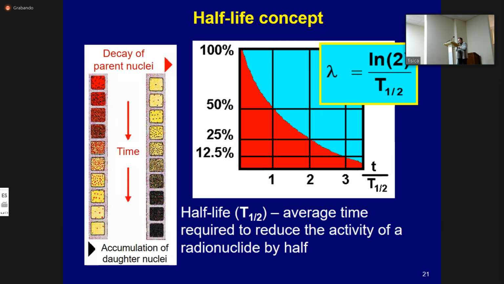At the point of time t0 plus 2 half-lives, we will have only 25% of the nuclei. So the activity of any radionuclide in the source becomes less than 1% of the original after 7 half-lives.